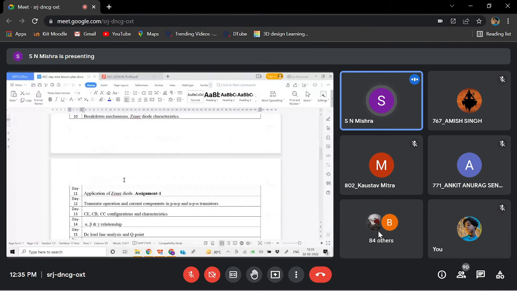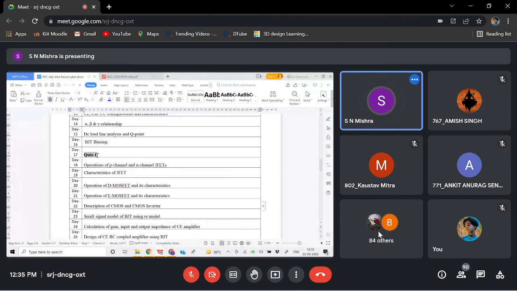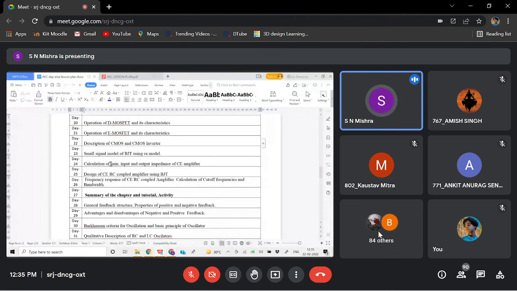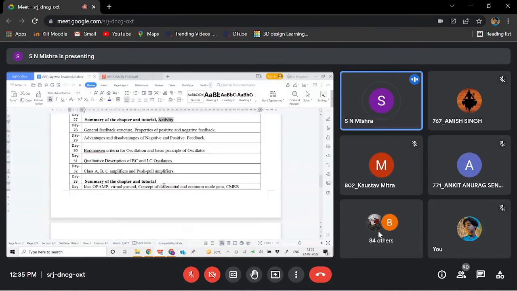Likewise it is broken up, and you can see that after the first module assignment 1 will be given, and before midsem we have to cover up to BJT. After completion of BJT we'll take quiz 1, and after midsem we'll cover the BJT model and all. Then I'll give the activity in advance, maybe 1 month before the end sem, so that you have enough time to prepare it.